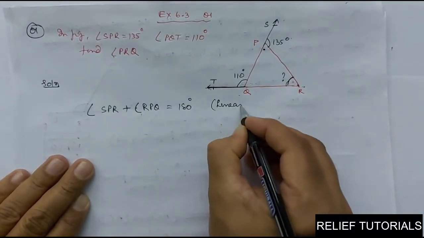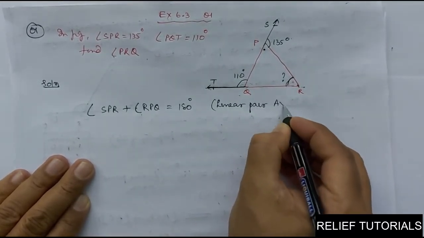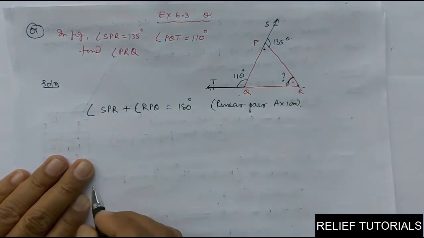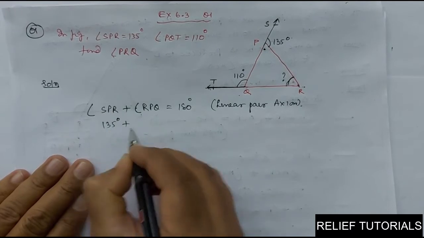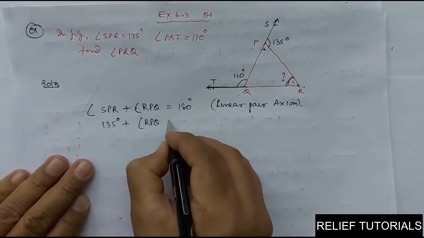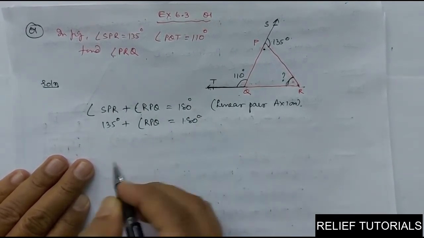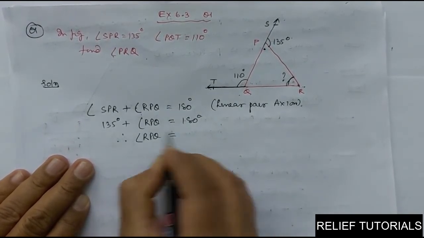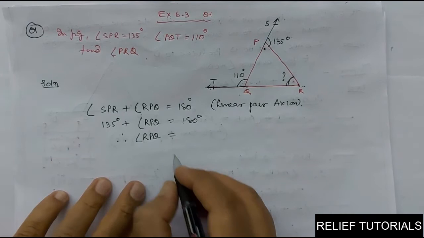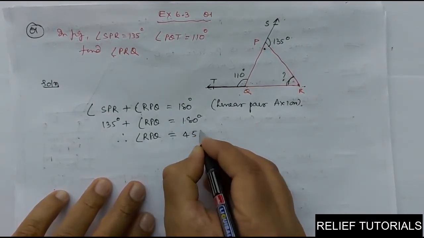Reason: linear pair axiom. So SPR is given, it is 135 degrees, plus angle RPQ is equal to 180 degrees. So therefore angle RPQ is equal to 180 minus 135, so that will be equal to 45.